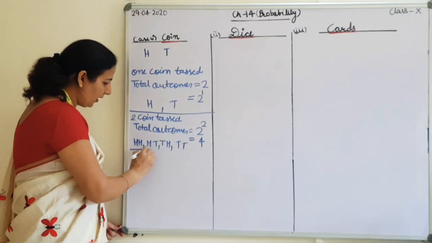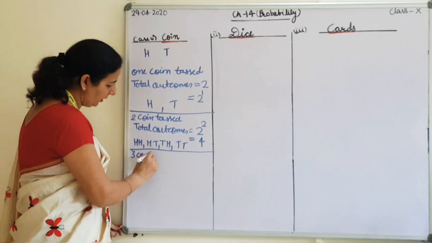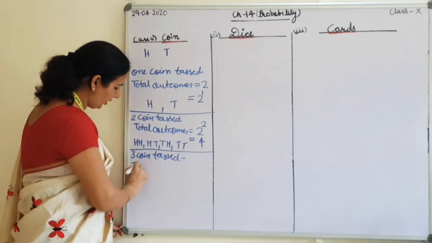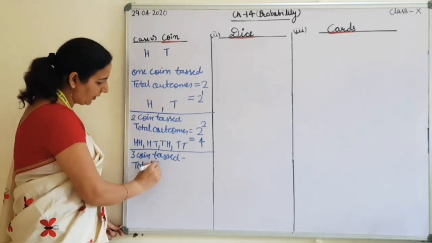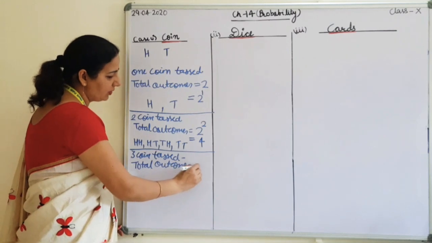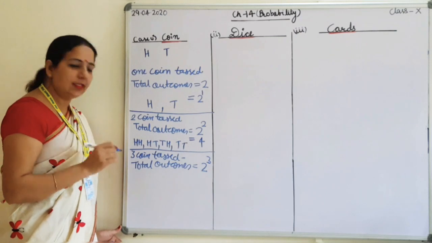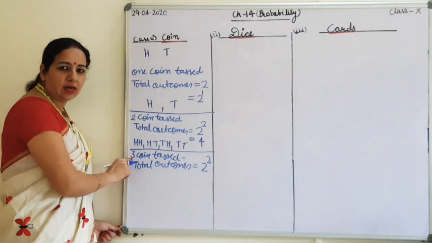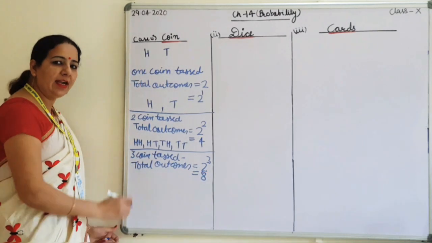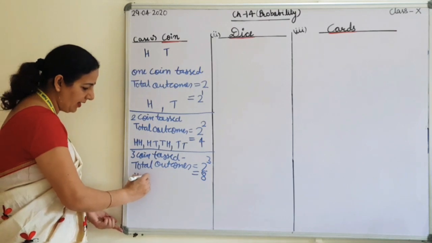Third is when 3 coins are tossed. When 3 coins are tossed, then the total outcomes will be 2 power 3. Why 3? Because 3 coins are tossed this time. So it will be 8. And how are we going to calculate these?